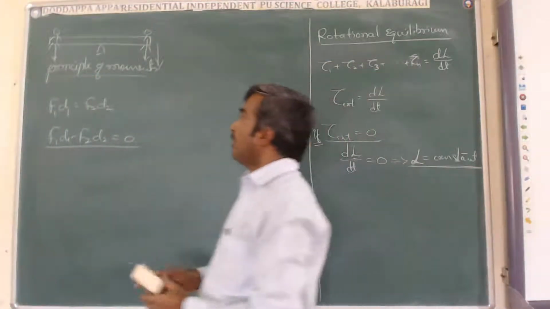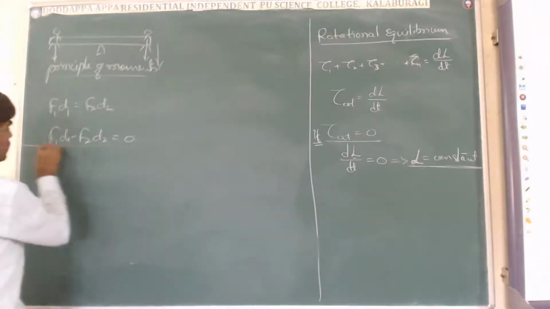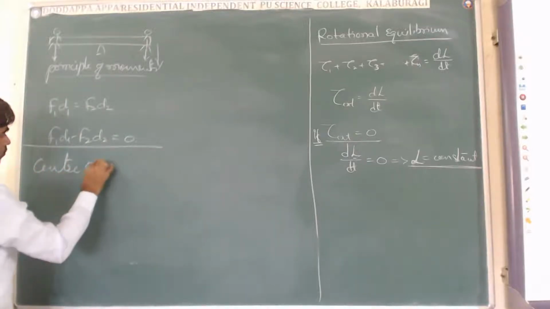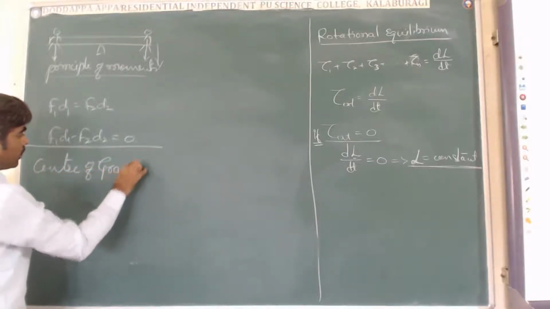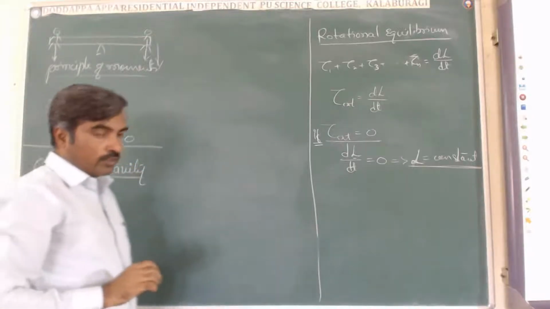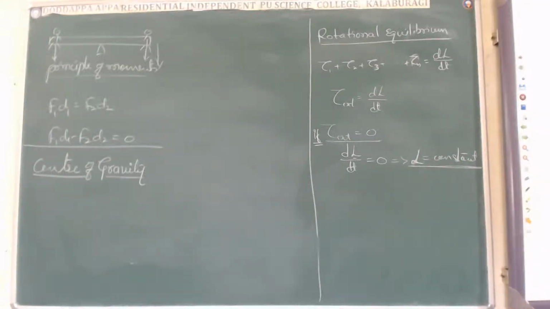Based on that, one more concept we have to define, that is center of gravity. Otherwise, we can say it is the radius of gyration.